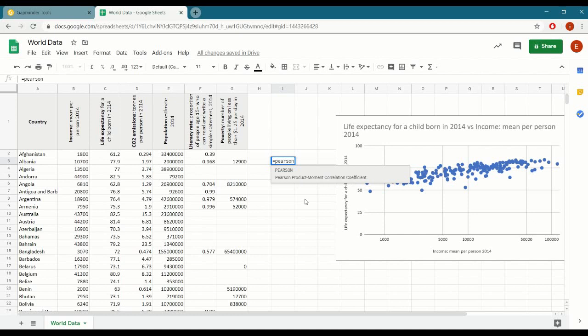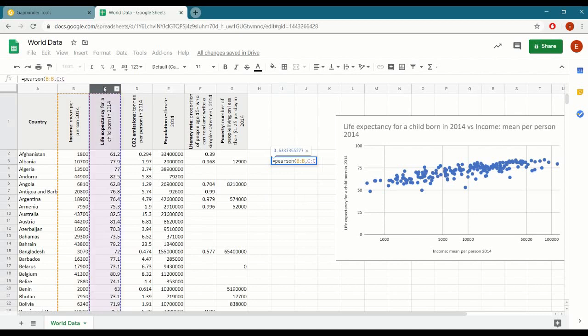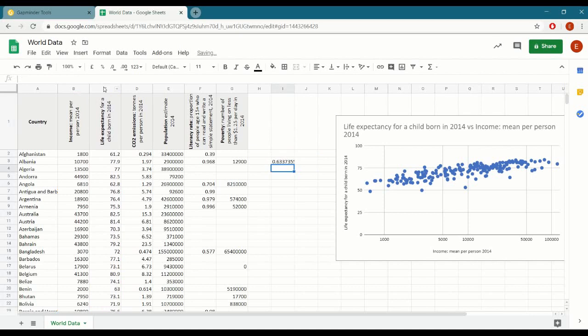So I've typed in Pearson and then open bracket. I'm going to click the top of column B, then a comma, and then the top of column C. So I've told it I want the correlation between those two things, and then I'm going to close my bracket and press enter. And it's told us that the correlation is 0.63.